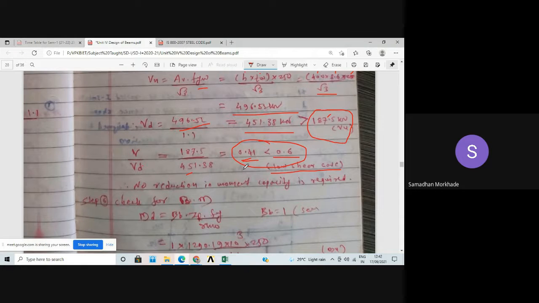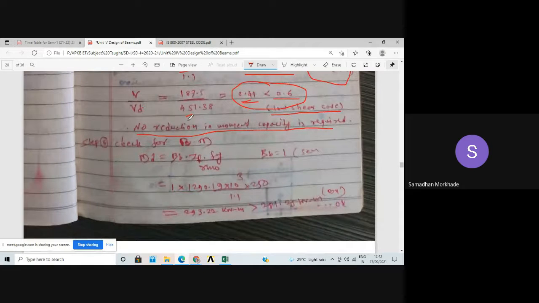But normally in more than 90% of cases this ratio will be less than 0.6. So it is a case of low shear, so no reduction in the moment capacity is required. At last I will discuss one example where this ratio will be more than 0.6, and how the Md equation changes to MdV. So we will see an example. Now this check is okay.